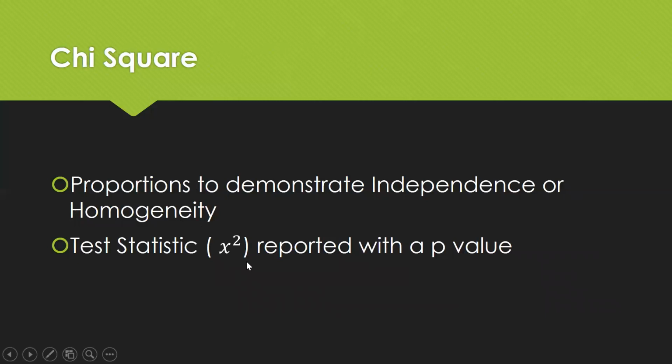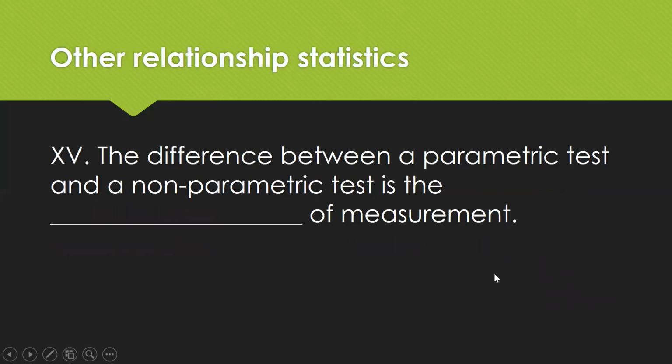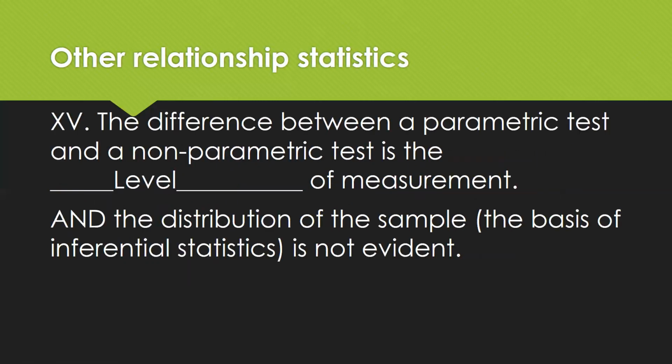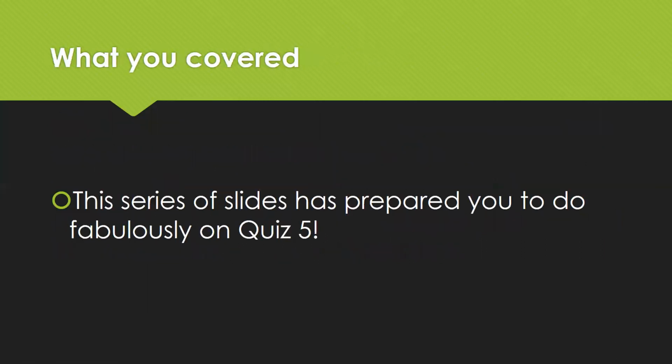The chi-square is the test statistic, and is reported with a p-value to indicate if that independence or homogeneity is significant. So the difference between a parametric test and a non-parametric test, once again, is the level of measurement, and remember the importance of the distribution of the sample, which is the basis of inferential statistic, needs to be evident.